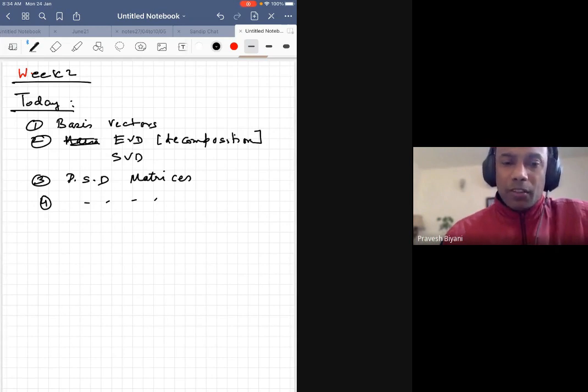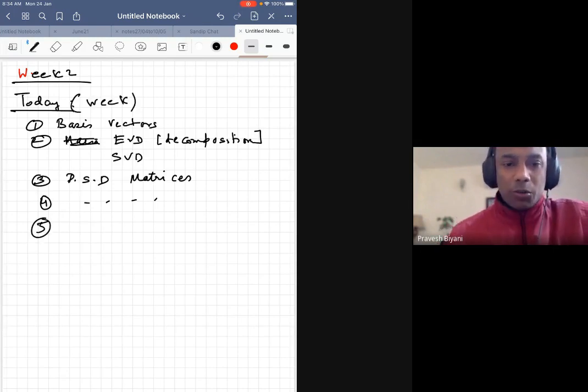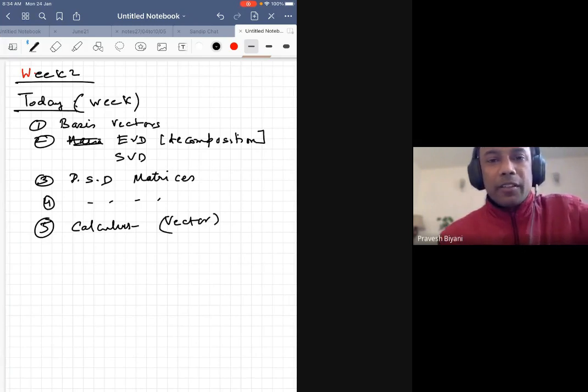Along with this, this week we'll also try to cover some calculus, basically vector calculus, where you'll learn how to deal with a vector valued function, take its gradient, take its Hessian, the properties of the Hessian, and where they are used.